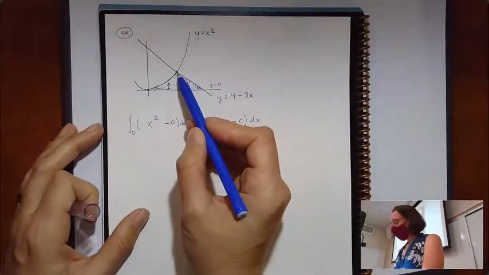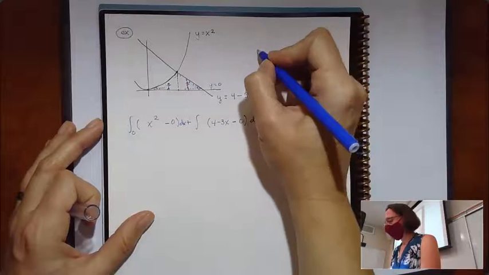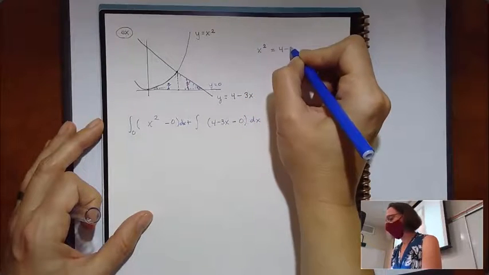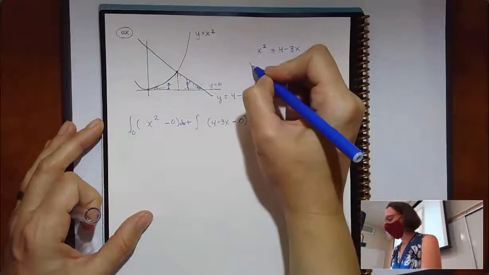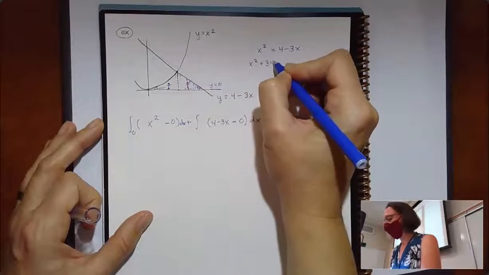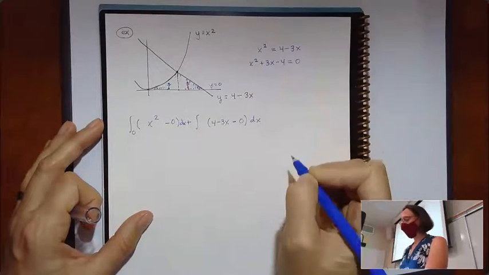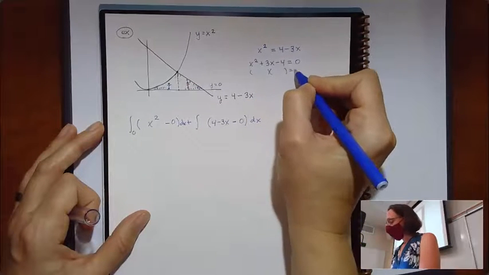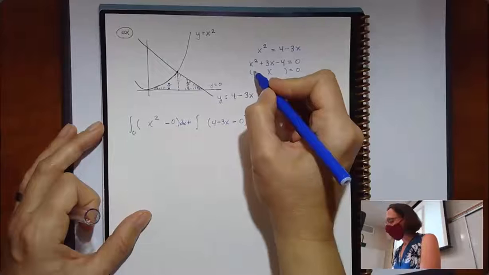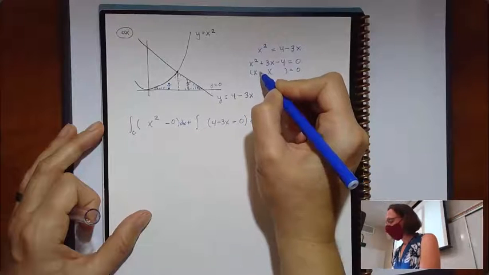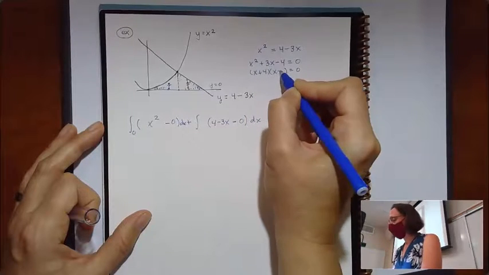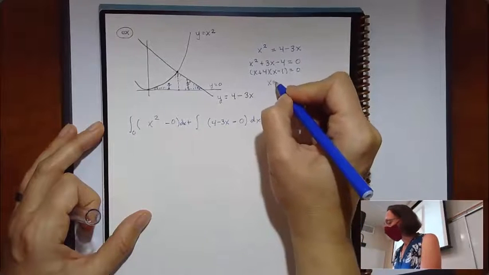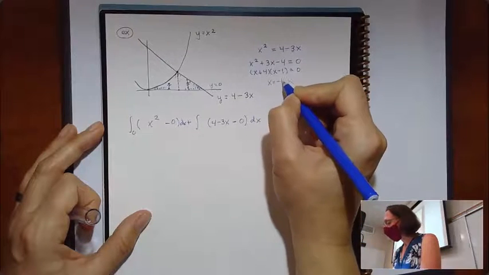So I'm going to find the intersection point of these two curves. If I set them equal to each other, I have x squared is equal to 4 minus 3x. I would move everything to the left-hand side because I like my x squared term to be positive to factor. And this is going to factor as x plus 4 times x minus 1, which gives me two numbers, but I'm only using one of them.